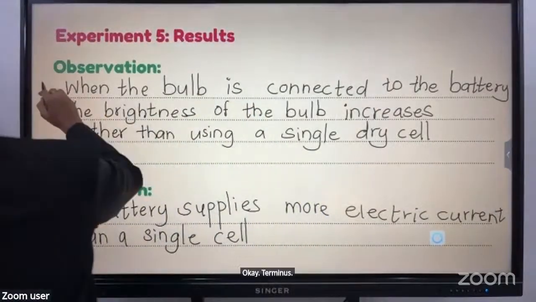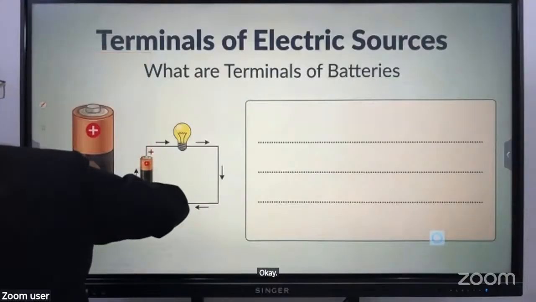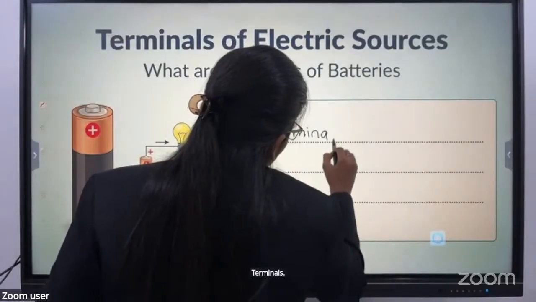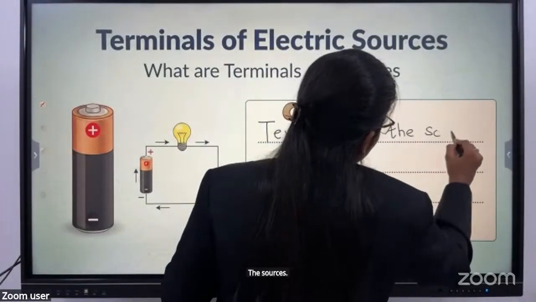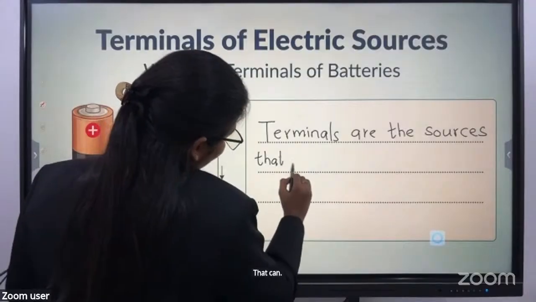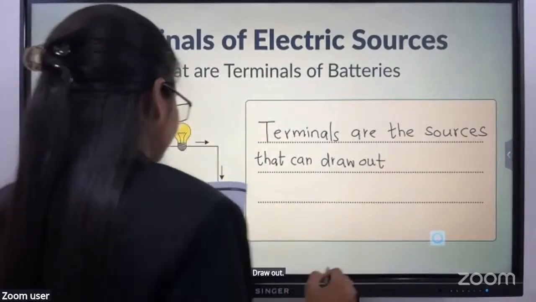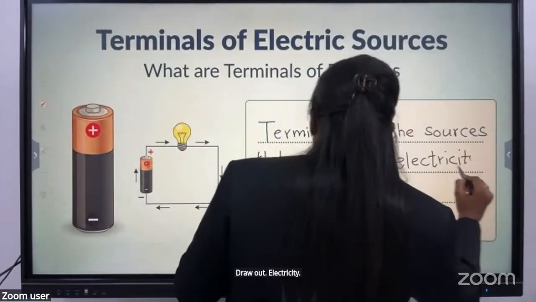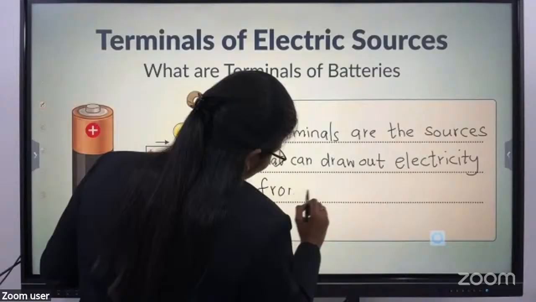Terminals are the sources that can draw out electricity from a battery.